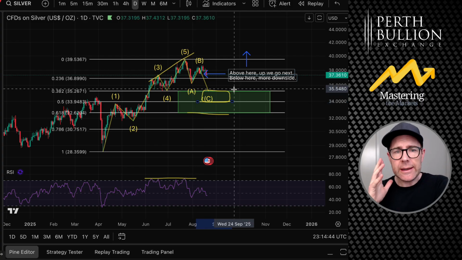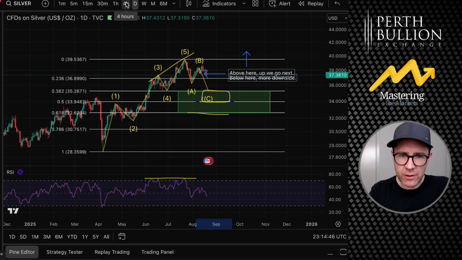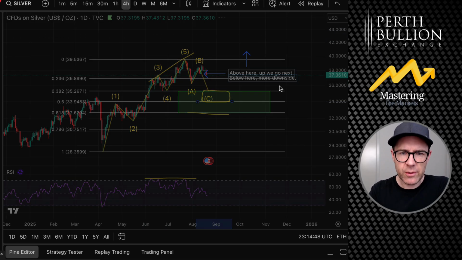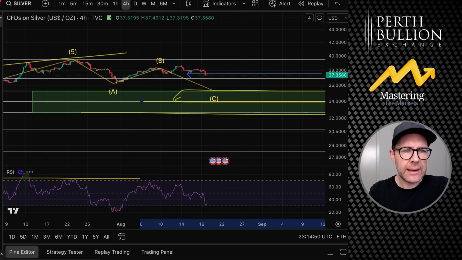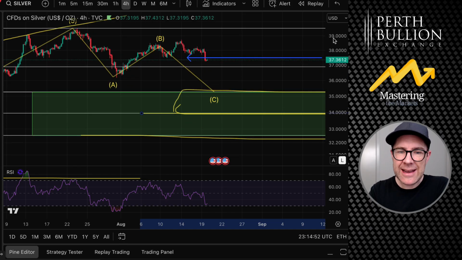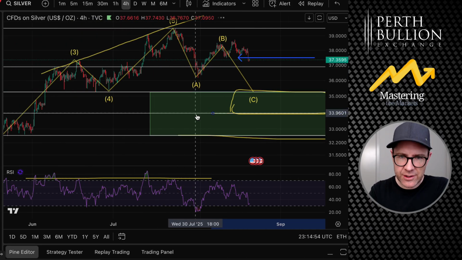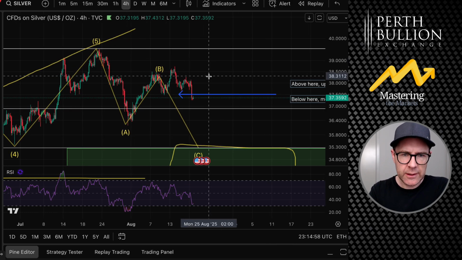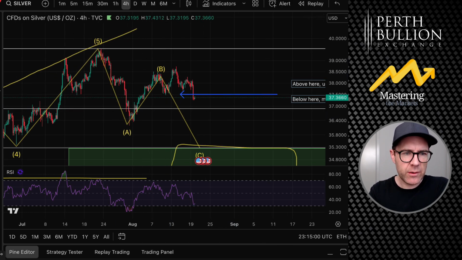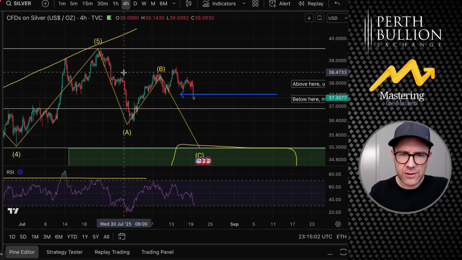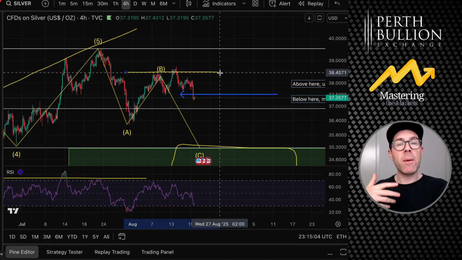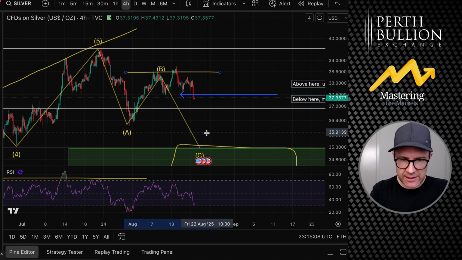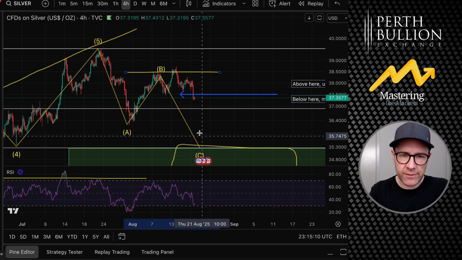So what happened not that long ago is that we had a little move, and I'll show you on the 4-hour, that looked like it might be invalidating that larger A, B, C move. It's right here. We came up and I said anywhere above about $38.50, as long as we remain above it, would for me be invalidating that larger ABC move down to that 34 to 35 area.